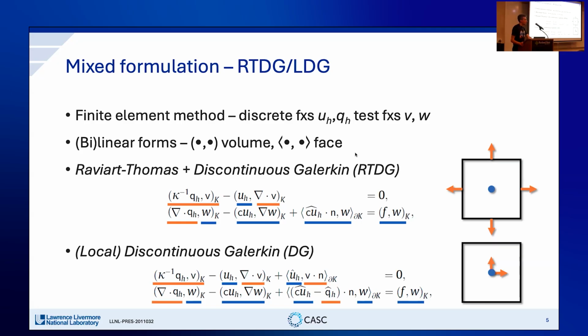Or we can take both spaces discontinuous, with discontinuous fluxes and potentials, so that yields this local discontinuous Galerkin approach. On the right, you have the lowest order elements of these kinds.